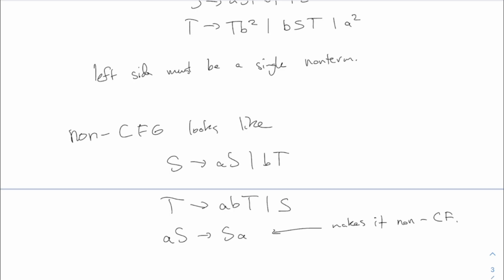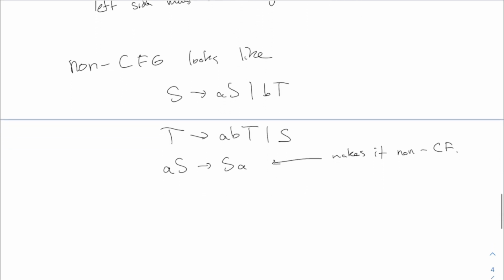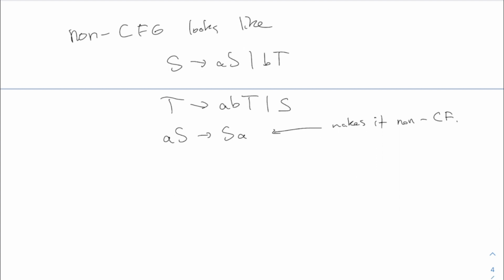The terminology context-free has to do with the idea that these rules are all substitution rules, and we think of these as substituting. I can change S into AS. That can be done regardless of the context. That is to say, this S, no matter where it is, no matter what is next to it, you can always do the substitution. S can always turn into AS, or S can always turn into BT.